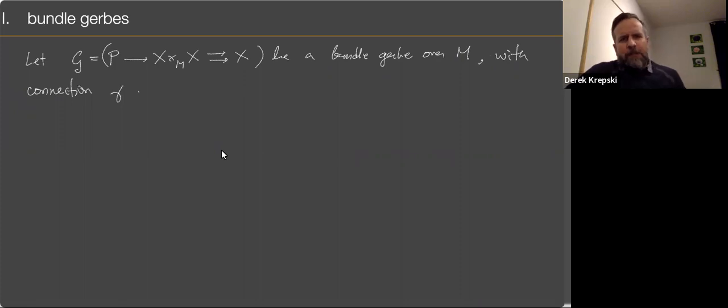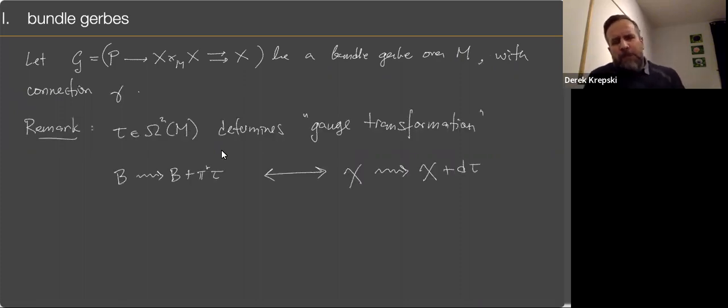All right, so one thing that we'll make use of a little bit down the road is so-called gauge transformations. If you have a bundle gerbe with connection gamma, you can use a 2 form tau on M to define what some would call a gauge transformation, so that we're not doing anything to the actual bundle gerbe, just gauging the connection data.